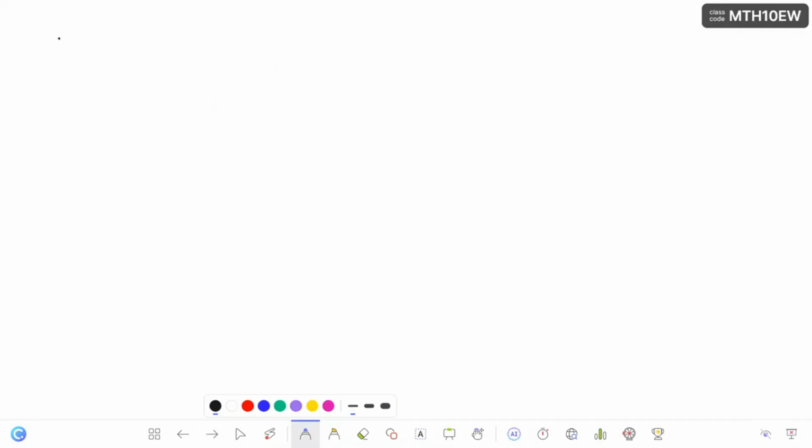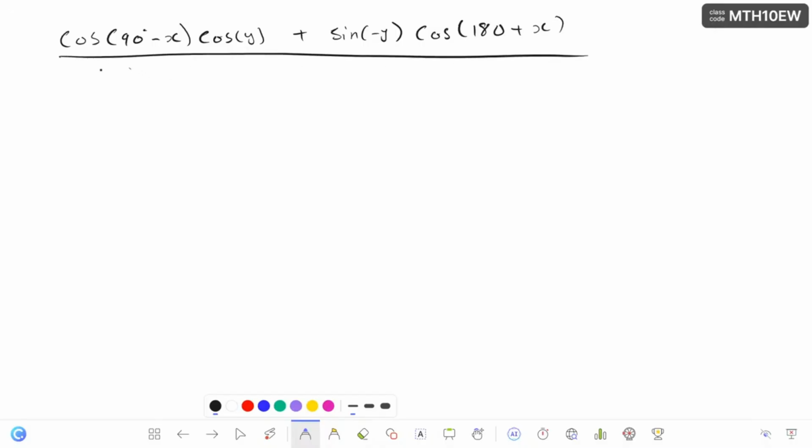So we have cos of 90 degrees minus x, cos y, plus sine negative y, cos of 180 plus x, all over cos x cos of 360 plus y, plus sine of 360 degrees minus x sine y.